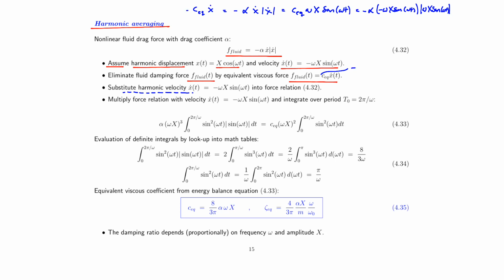So the two minuses on the right hand side will cancel. That means you will have alpha omega capital X, and in fact we'll have alpha omega X squared, because we also have an omega X from inside the absolute sign. Then we'll have a sine omega t and an absolute value of sine omega t.